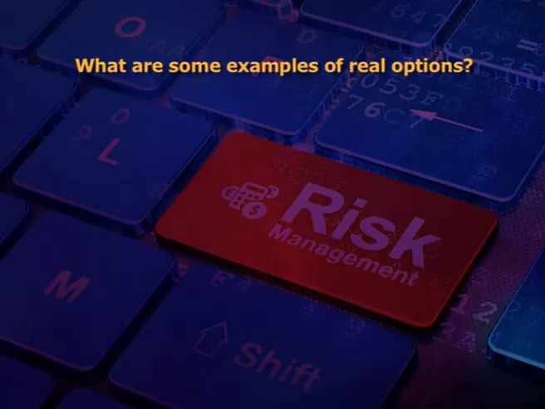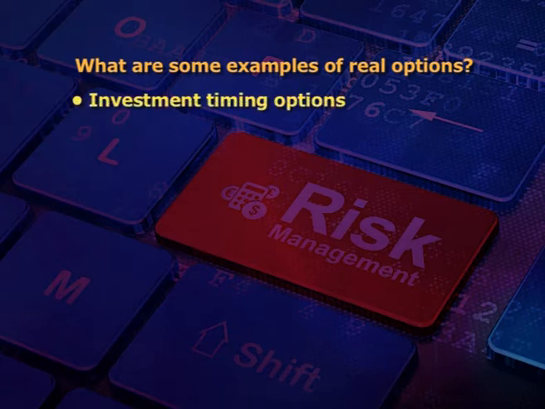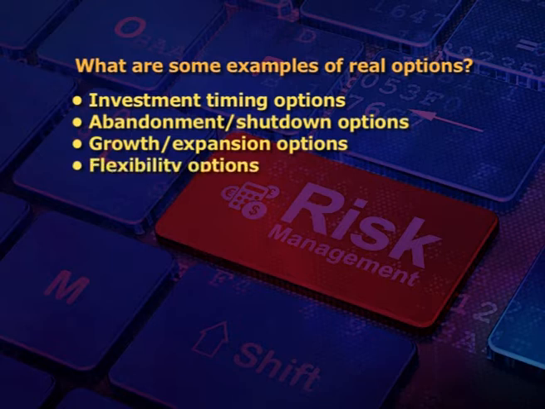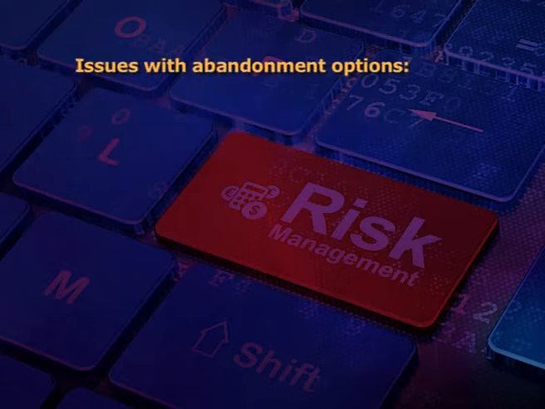Real option analysis incorporates typical net present value, that is the NPV budgeting analysis, with an analysis for opportunities resulting from managers' decisions. Some examples of real options are investment timing options, abandonment or shutdown options, growth or expansion options, and finally flexibility options.